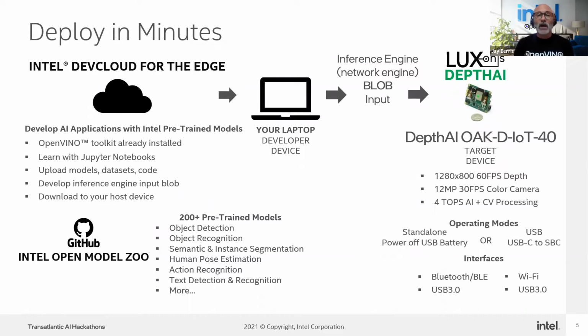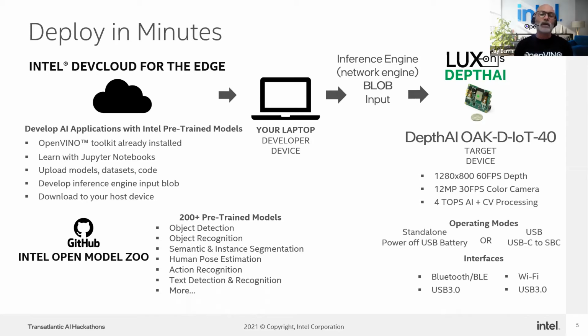So a little bit of a reminder, you can really deploy AI in minutes through this workflow. We talked about this in the first webinar, and I'm going to tie it all back together, particularly today, as I go through the Intel DevCloud for the edge.